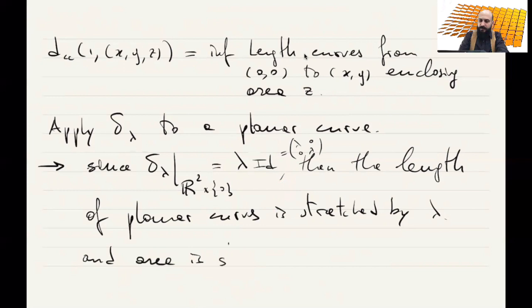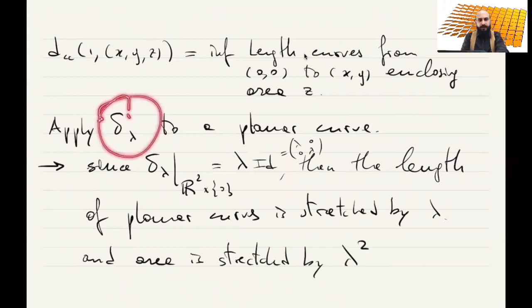But this is exactly what the map delta lambda is doing: it is sending the coordinate z to the coordinate lambda squared z. So in other words, delta lambda preserves the lift of curves and stretches the length by lambda.